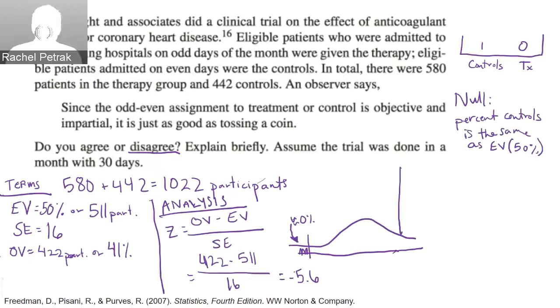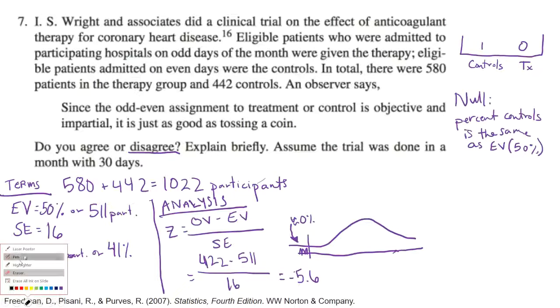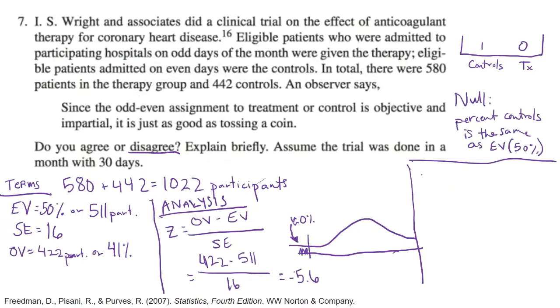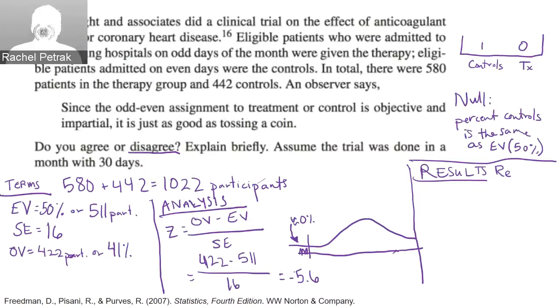I have this extremely improbable z-score. So are we going to reject or retain the null? We are going to reject the null here. Because remember, the null says they're the same.